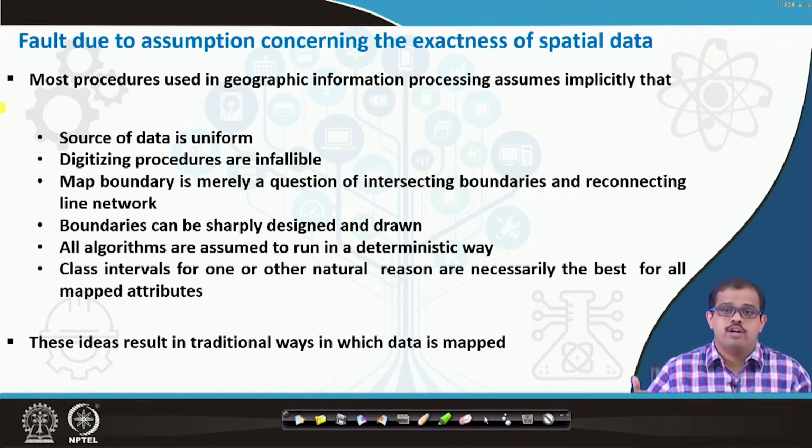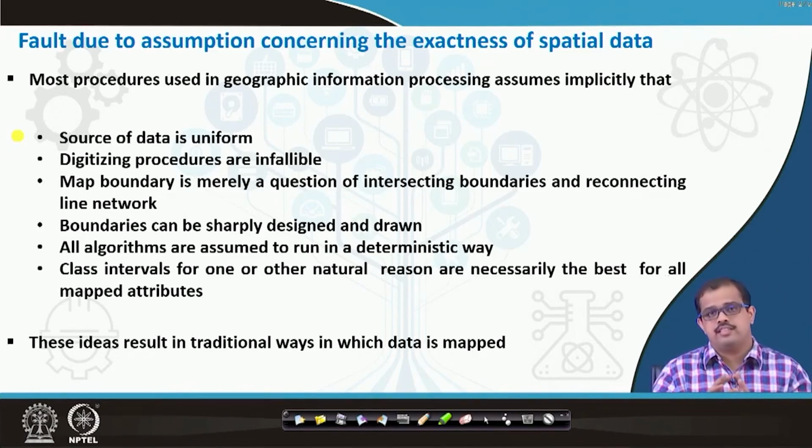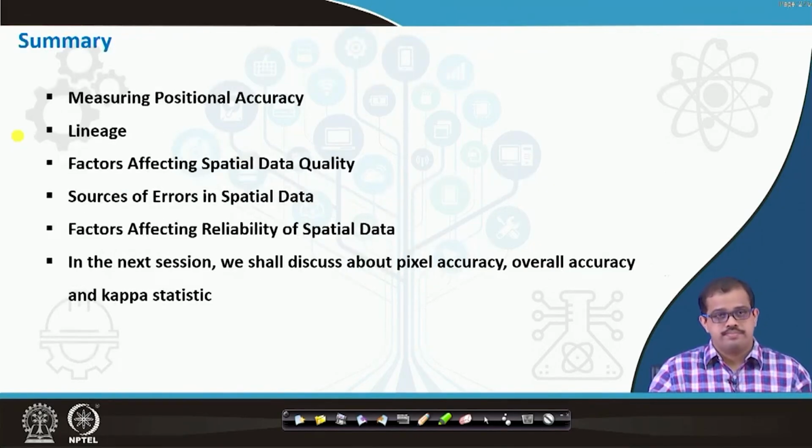But it may not be really true in terms of real world scenario. So these are certain things that we have to consider when we are looking at how we are mapping in the traditional ways, and how we are mapping in the digital ways. If these ideas are considered, then it would be the same as the traditional way of mapping, and error accumulates into the map when you are creating a map or a data output.